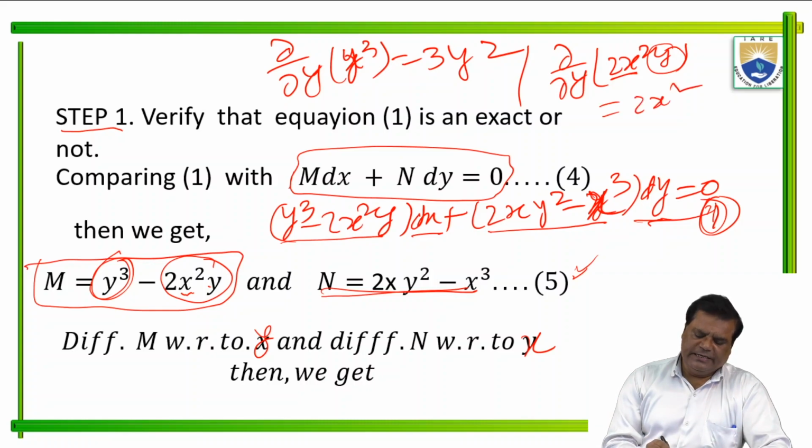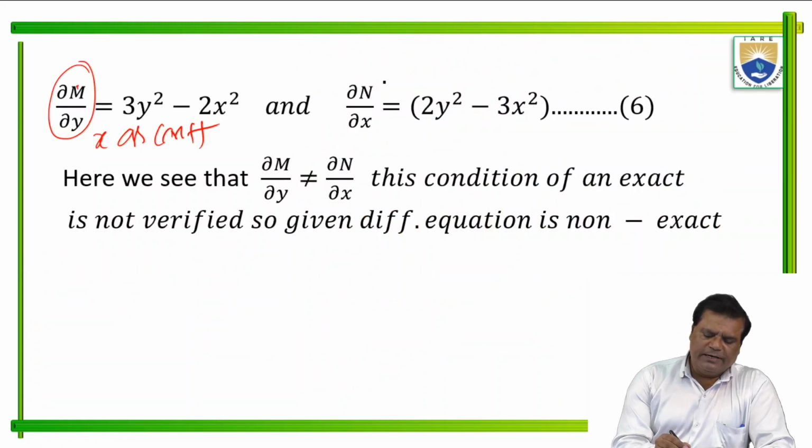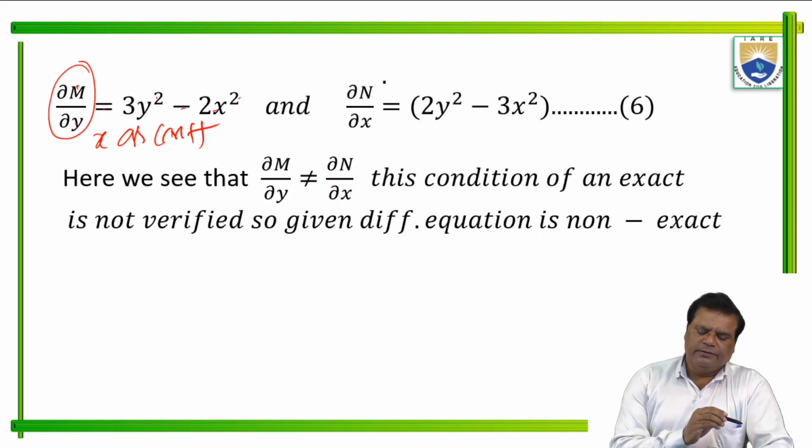So now del m over del y is equal to 3y square minus 2x square.